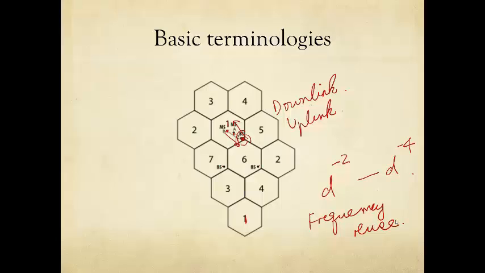So I will just tessellate these cells, hexagons, in the space, and then I'll be able to reuse the frequency as long as they are far apart enough from each other. Now, in this case, we see a frequency reuse factor of 7. So this was the essential idea, leveraging the fact that signals attenuate over space to reuse the same frequency band.